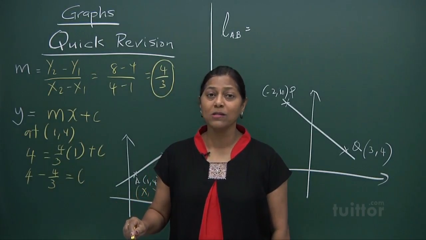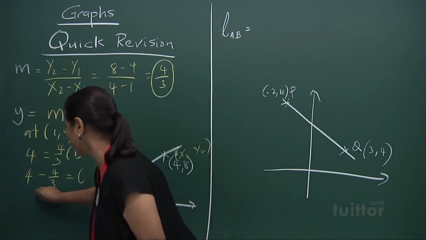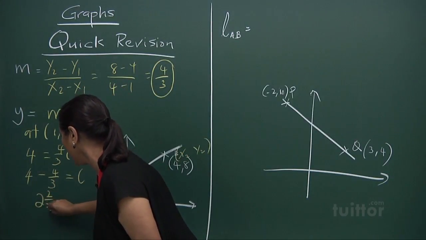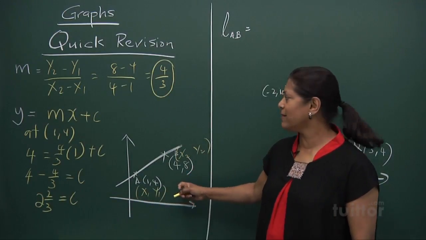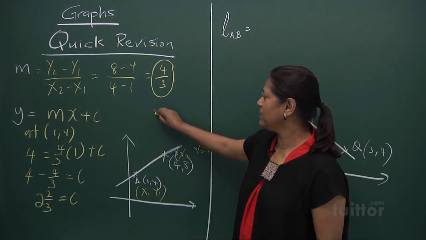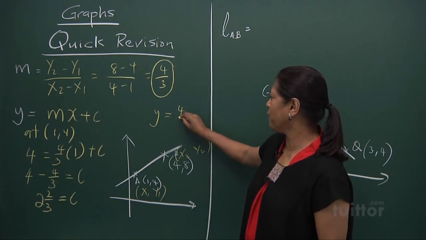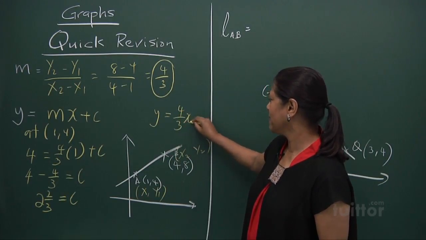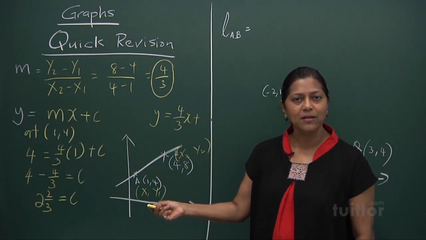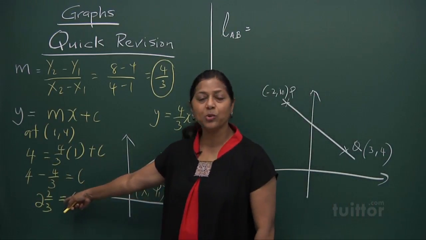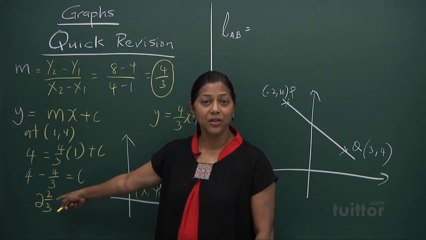So you have 2 wholes and 2 thirds. Yes, 2 wholes and 2 thirds, and hence the equation of this line will be y equals 4 thirds x plus, if you wish to express it as an improper fraction, 2 and 2 thirds is 8 thirds.